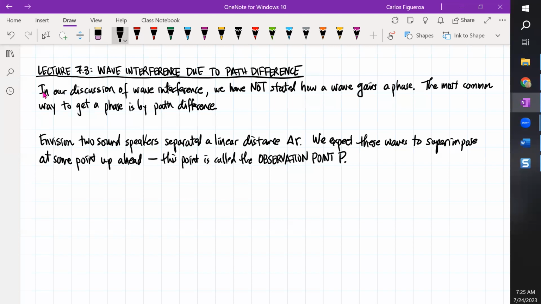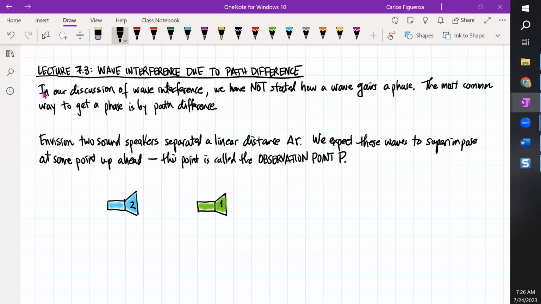So let's draw our system here. I imagine that I have a speaker, and for the sake of argument, I'm going to color this one blue and label it 2. And then I'm going to have another speaker, which I'll color green, and call speaker 1.